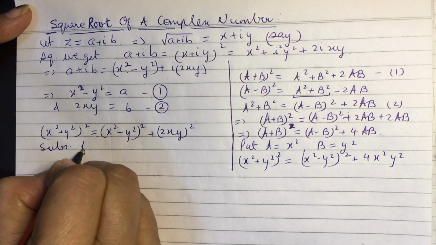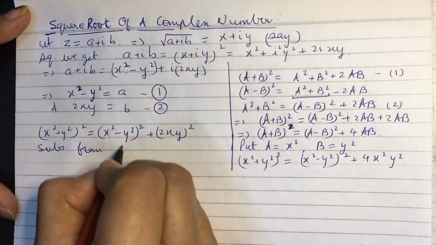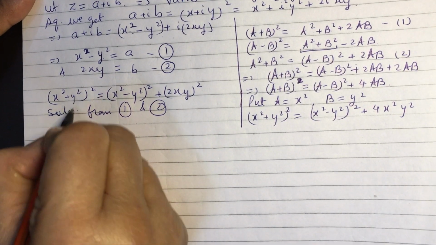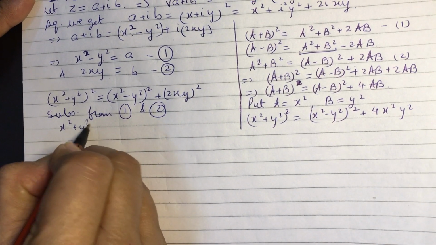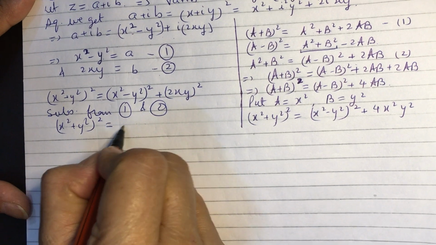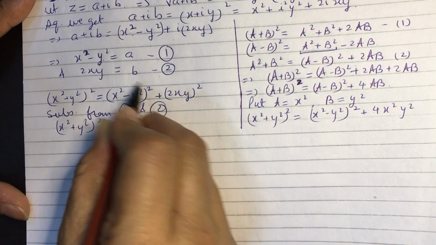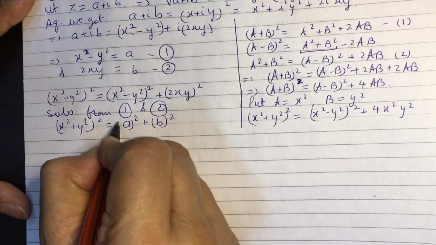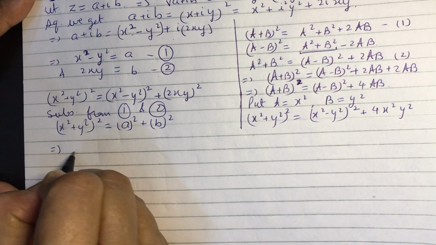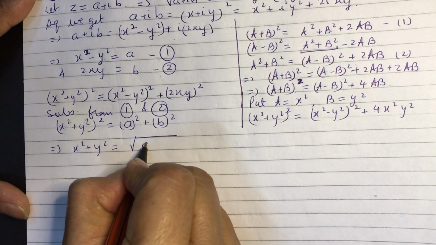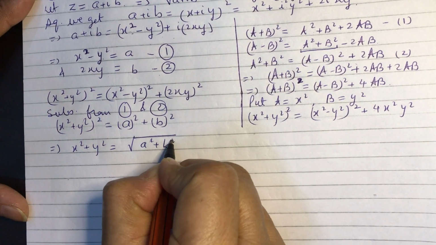Substituting from equation number 1 and 2, we get (x² + y²)² is equal to, here in place of this we will write a, and 2xy is b, so we get a² + b². Now this gives us x² + y² equal to the square root of a² + b².